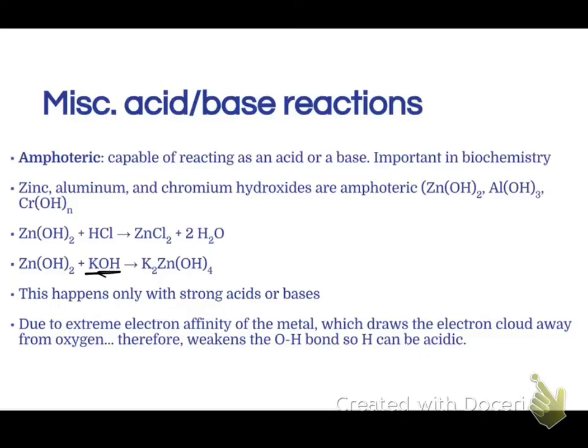It's a totally different compound. Okay, this would only work if you used a strong acid. And so that begs the question, what are the strong acids? I'm going to review that here in a minute, but we already know that strong acid means that it is a strong electrolyte. Right?